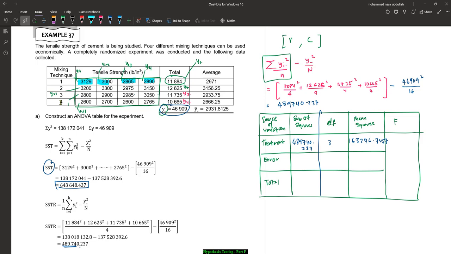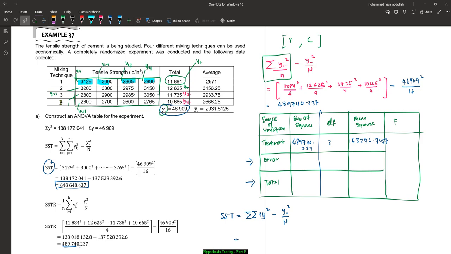Then kita akan leave error dulu, right? Sebab error is a bit complicated to calculate. So we go to total, SS total. SS total should be double summation of Yij square minus y dot dot square divided by capital N. So double summation means that we want to total all the observation dalam ni lah.